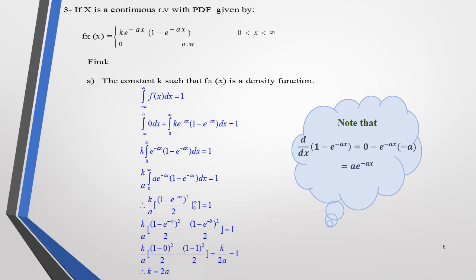Note that e to the power negative infinity equals 0 and e to the power negative 0 equals 1. So this is going to be equal to k over 2a, which is equal to 1, and this implies that k equals 2a. So our PDF is 2a e to the power negative ax times 1 minus e to the power negative ax for x lies between 0 and infinity and 0 otherwise.